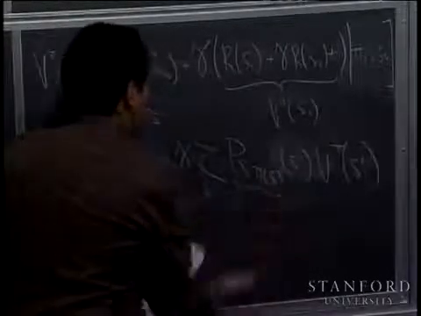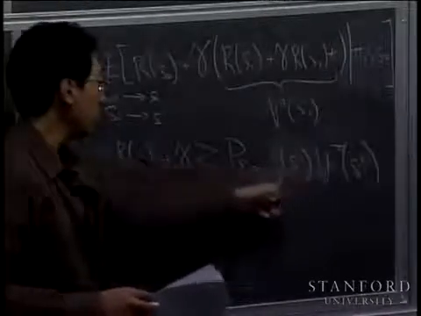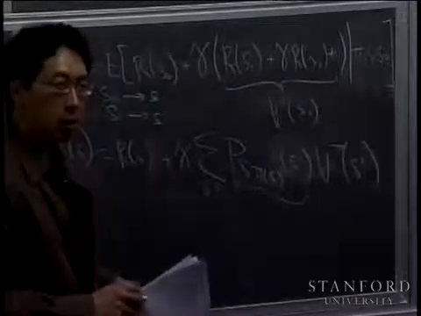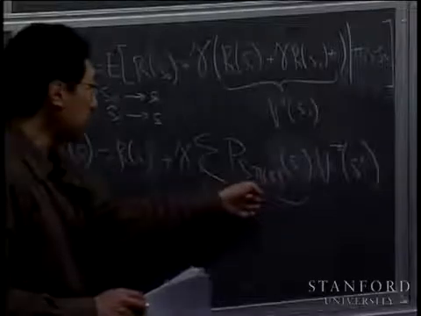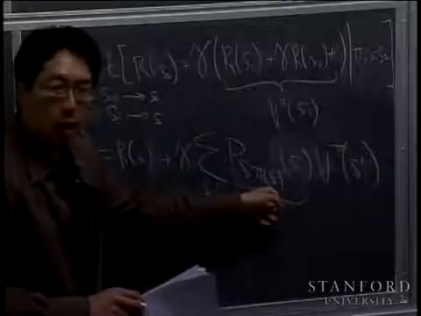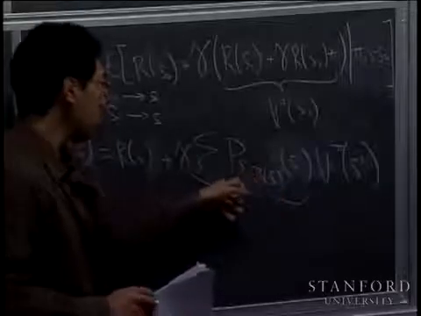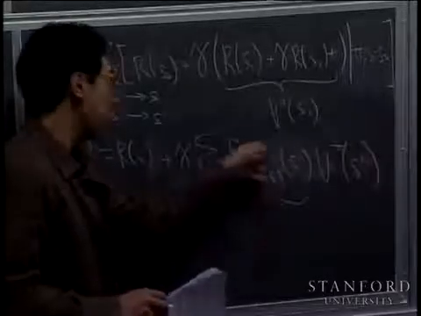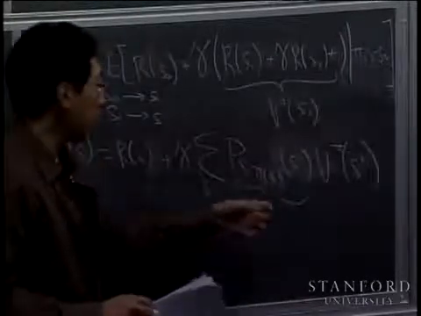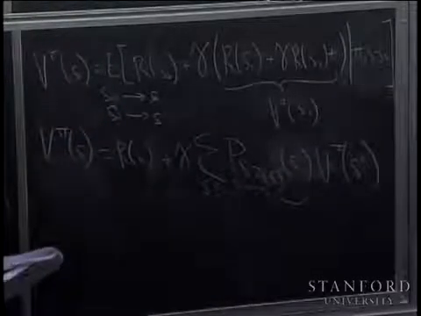Just to be clear on this notation, P subscript SA of S prime is the chance of you getting to the state S prime when you take the action A in state S. In this case, we're executing the policy pi, and so this is P of S pi of S, because the action we're going to take in state S is the action pi of S. In other words, this P S pi of S is the distribution over states S prime that we will transition to in one time step when we take the action pi of S in the state S. Okay.